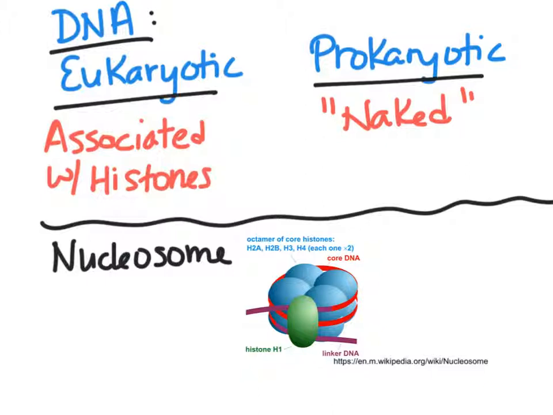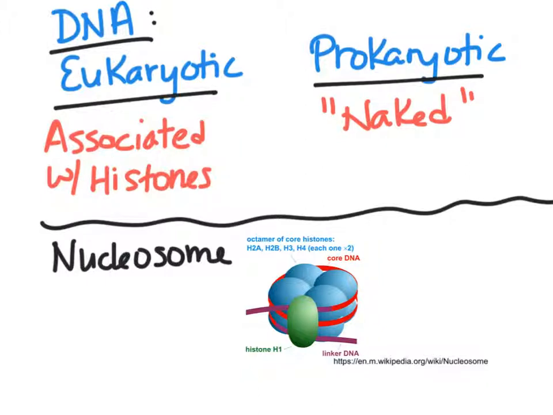And then there's a short linker DNA that connects with the next nucleosome. And this H1 histone helps to bind with the next histone molecule, or to bond with the core particle that's there. The association with this histone basically contributes to the DNA being able to supercoil and pack itself.